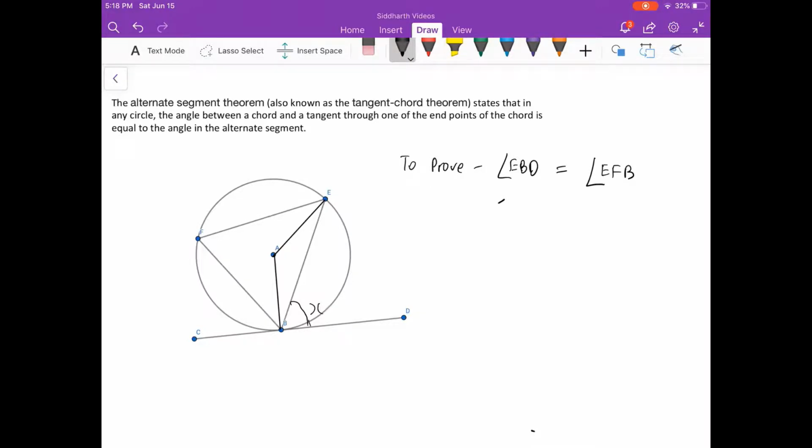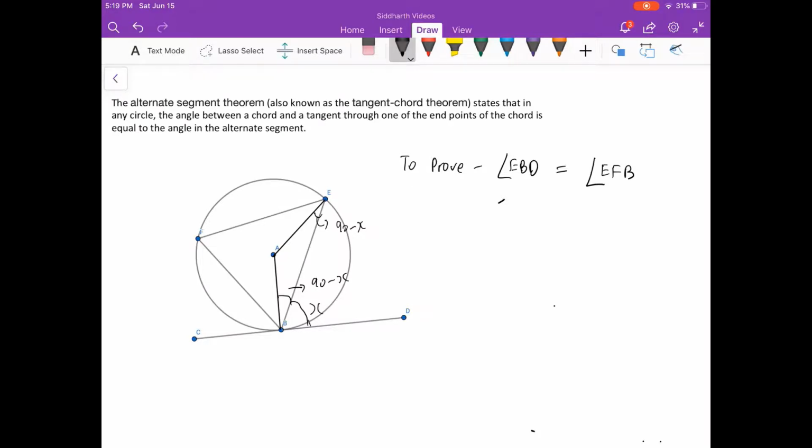Now, we know that AB is the radius of the circle and CD is the tangent. And we also know that the radius and the tangent intersect at 90 degrees. That means this angle has to be 90 minus X. Now, because both AB and AE are radii, angle AEB also has to be 90 minus X. The sum of degrees in a triangle is 180.